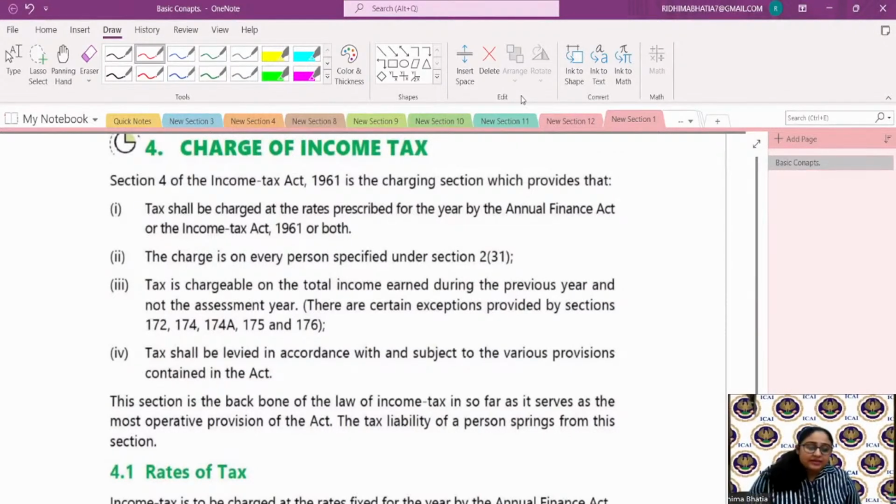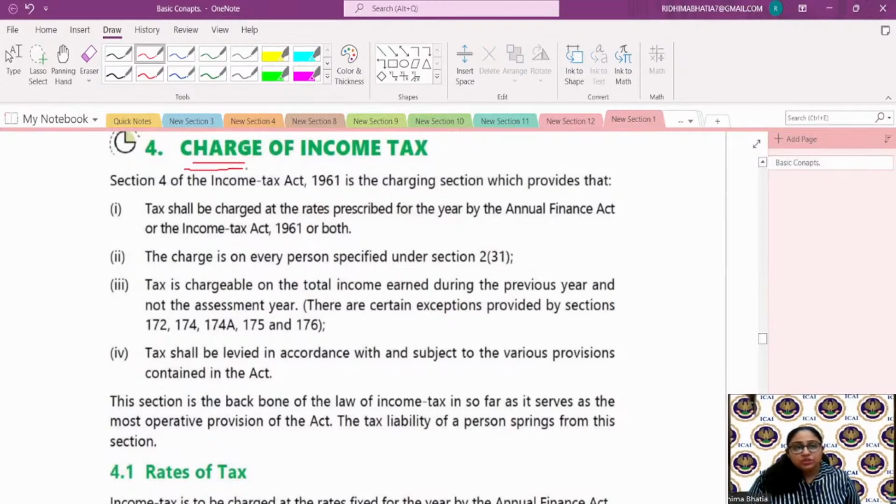From that act, it has given one right. You will see this word called charge of income tax, or charging head. What is this charge? Until and unless there is a charging section which tells that the tax has to be levied, how can they levy a tax?